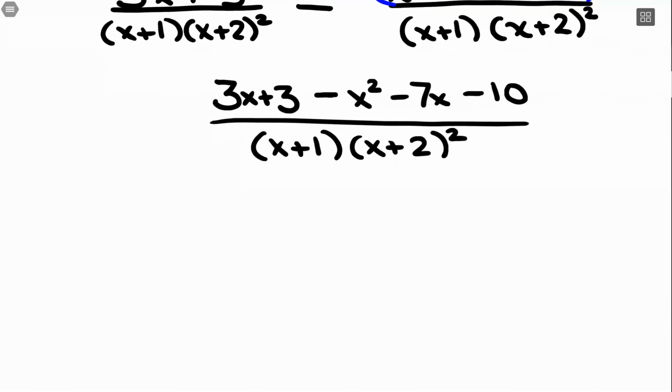And then we'll just combine like terms. So we have that negative x squared. Let's see, 3x minus 7x is minus 4x. 3 minus 10 is negative 6. Nope, negative 7. There we go.